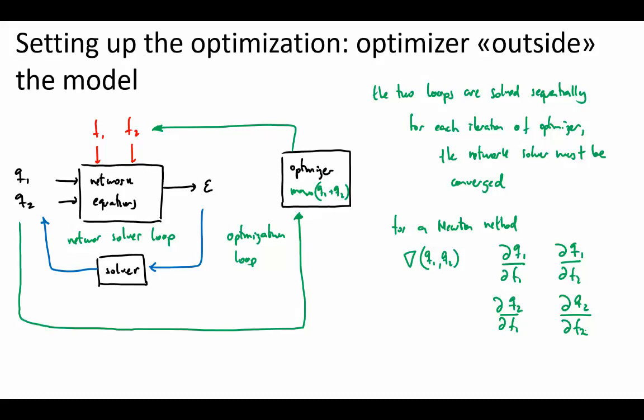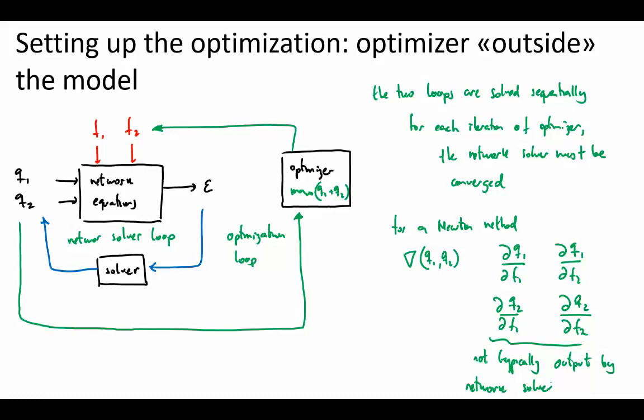Essentially, that's what I need to create my gradient. With this approach, these variables are not typically output by a network solver. They could be, but it's not a value that is typically output, right?